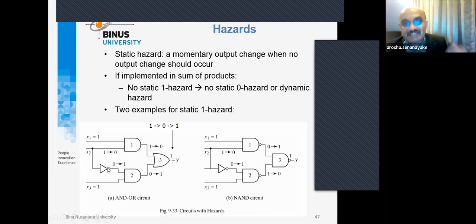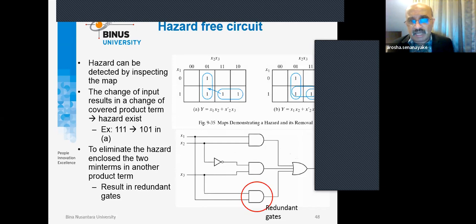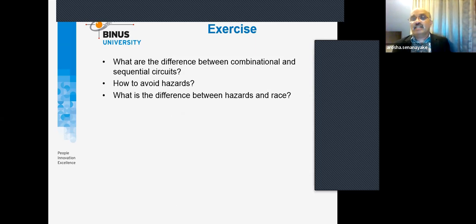Likewise, we can get other hazard conditions. The hazard-free circuit you can produce by introducing some kind of redundant gate and so forth, depending on what kind of delay you have to use in order to make the correct output available. What kind of delay to be introduced is due to, as I told you just before, the NOT gate and so forth.